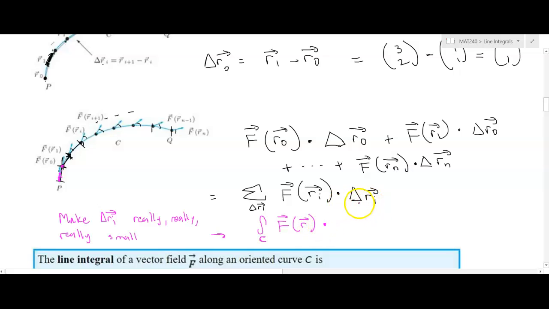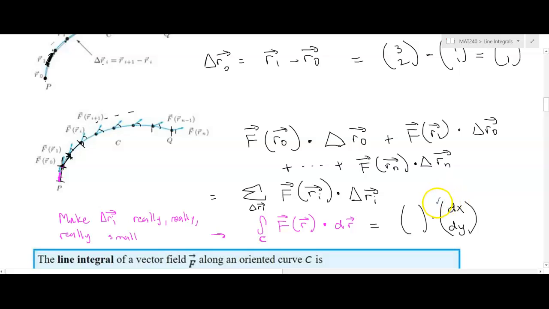And whenever we make delta infinitesimally small, we call it d, and we call it dr. So what we have here is a dot product between two vectors, one that will contain some sort of force components, and the other one, dr, well, that's the change in your position. And you have two changes in your position. You have one that's in the x direction and one that's in the y direction.